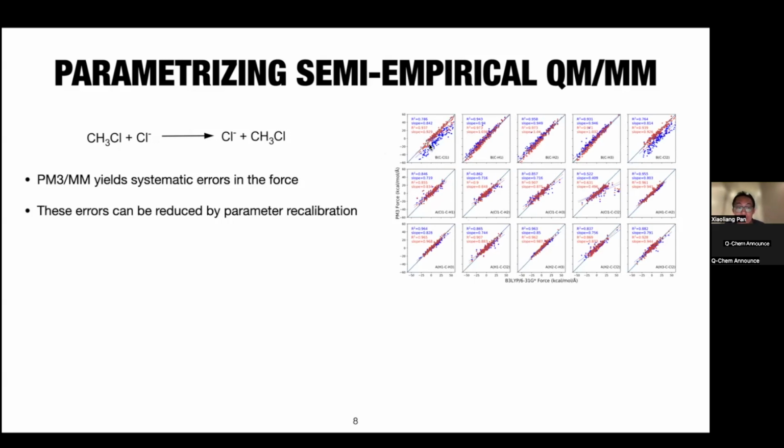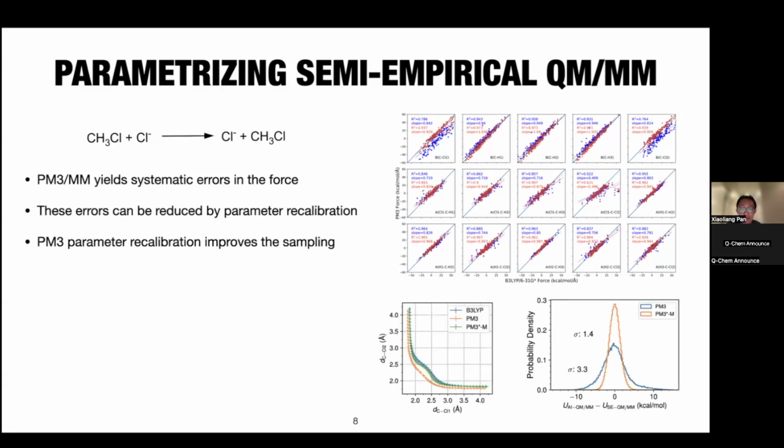And they have big systematic errors. And then we use QMHub to reparameterize the Sampurco model. QMHub in this case will do post-processing to prepare the training data. Those are the force and energy, also the electrostatic potential and field on the MM atoms. And these are used as the training data.